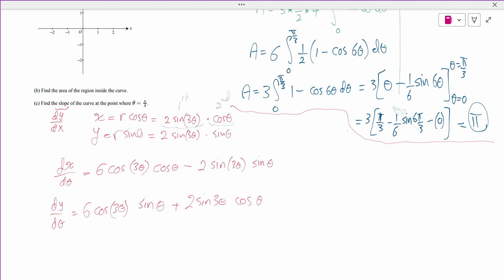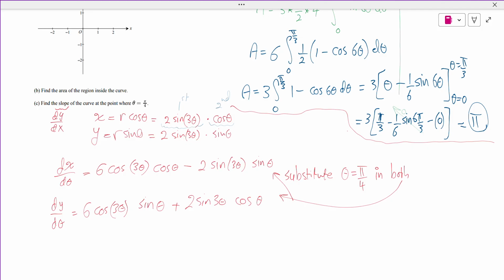Now I want you to plug in pi over 4. Substitute theta equals pi over 4 in both.